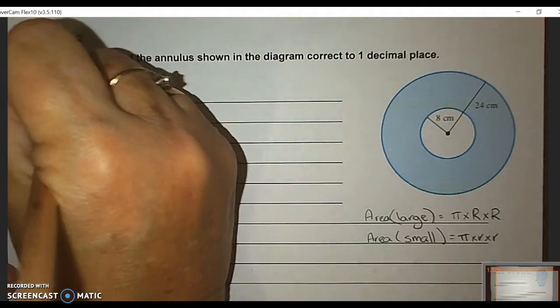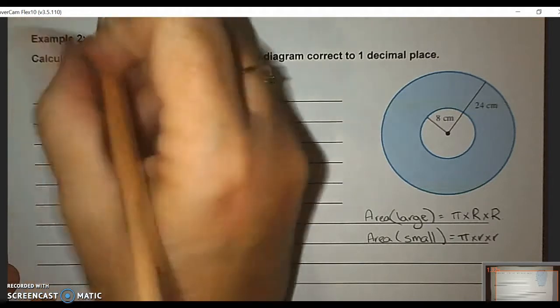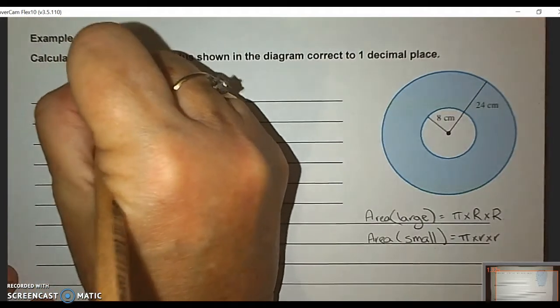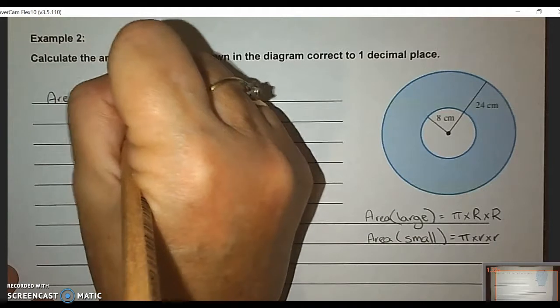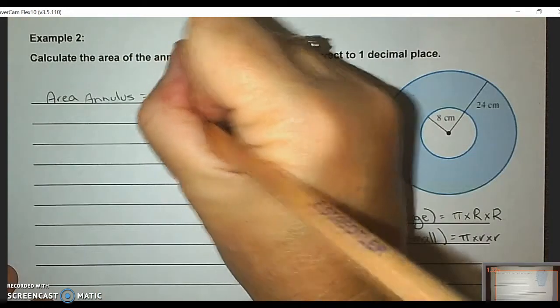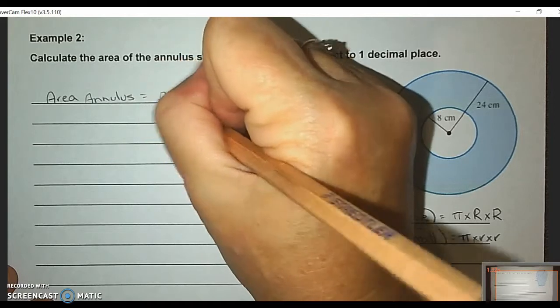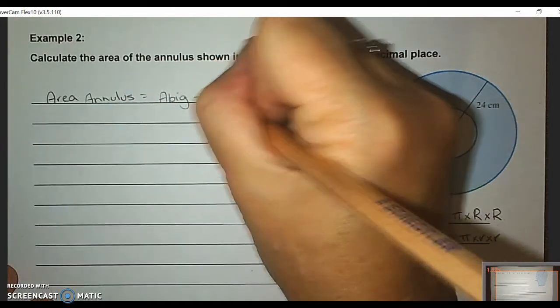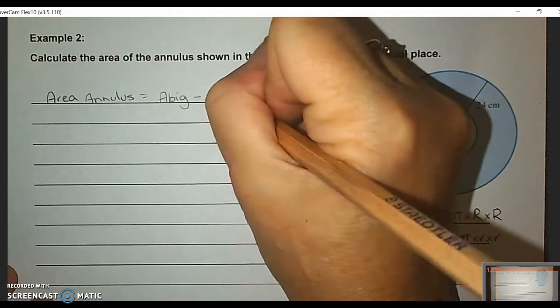So the area of the annulus is area of the big take away area of the small.